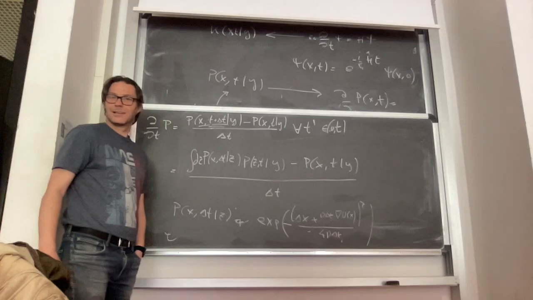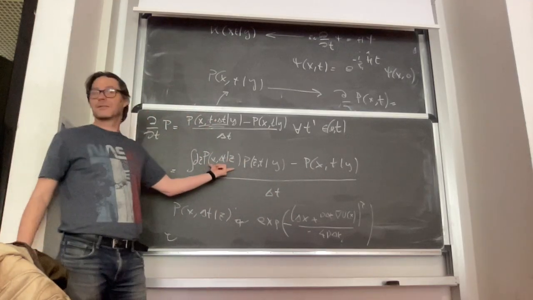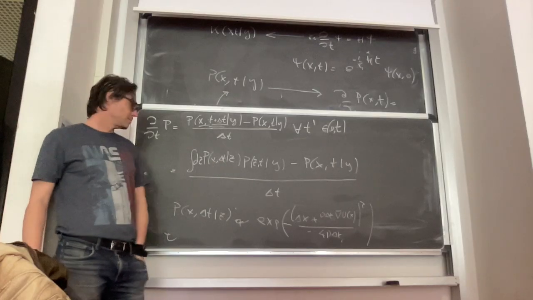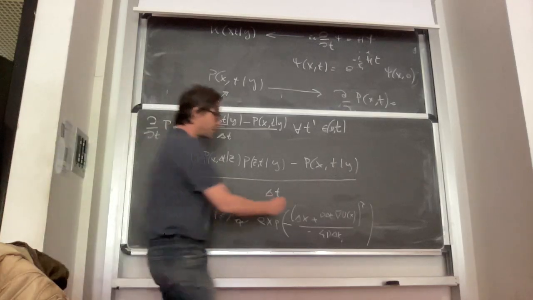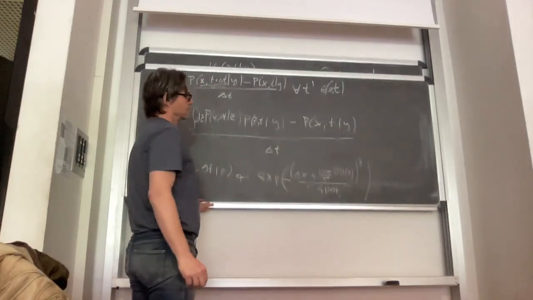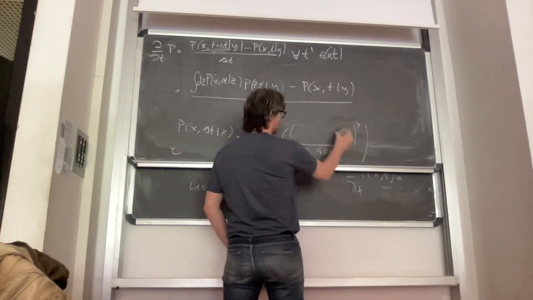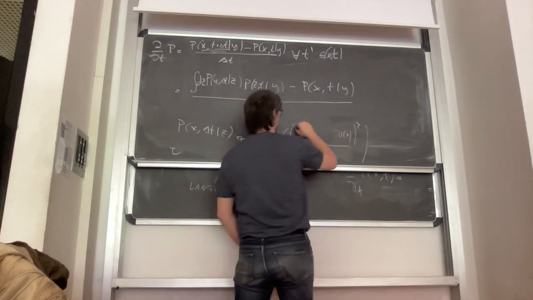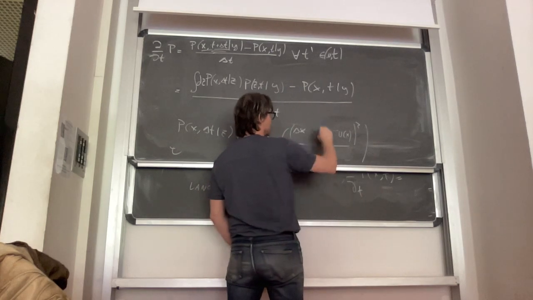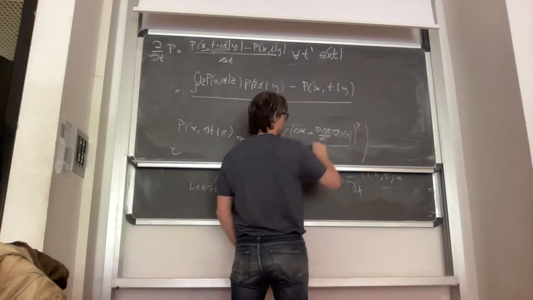It's the bit of the Onsager-Machlup action that concerns this small step. Let me rewrite this: delta x plus D delta t over kT, gradient of u of x, divided by 4 D delta t.